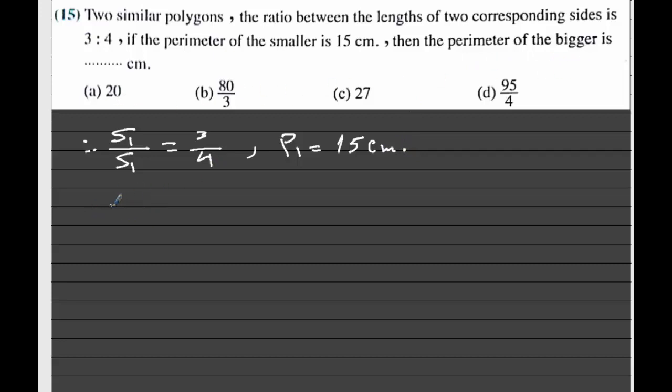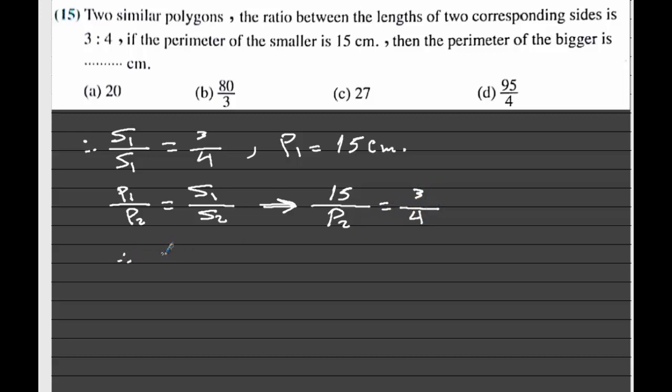We write the rule: P1 over P2 equals S1 over S2. Then P1 equals 15 and P2 is unknown. It is equal to 3/4.